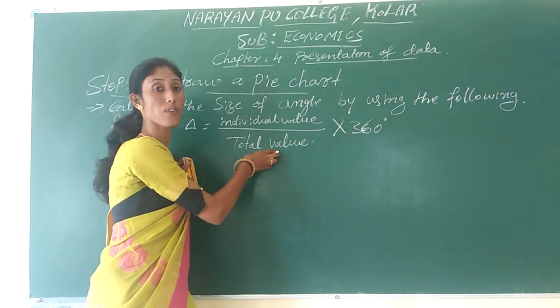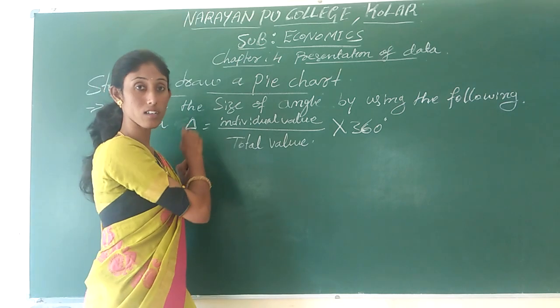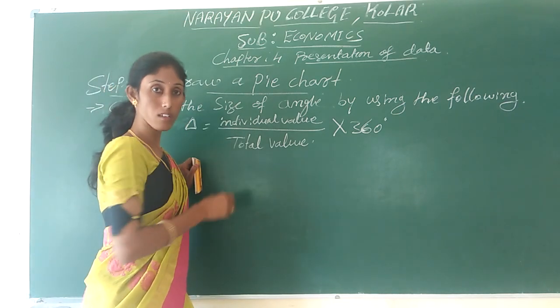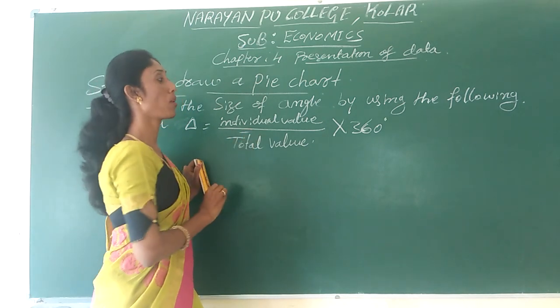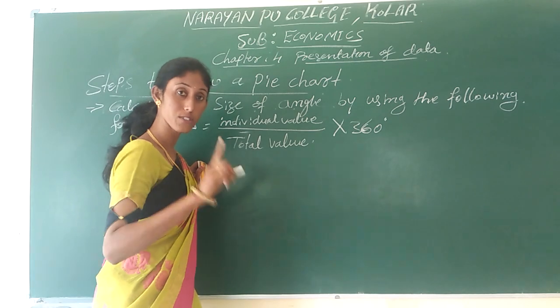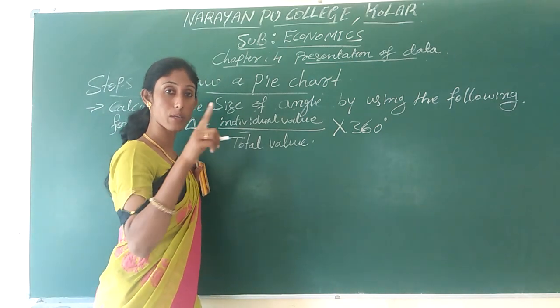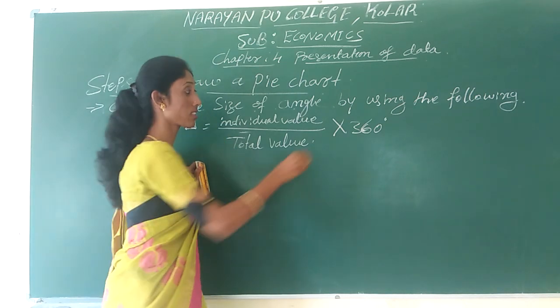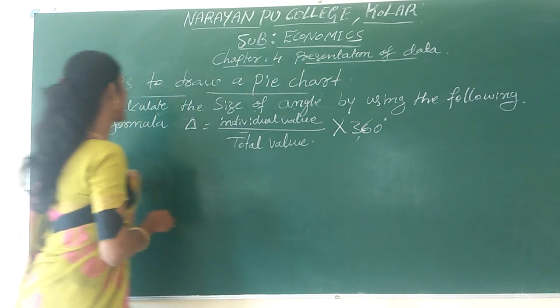If we apply this formula, we will get the size of the angle or shape of a component. Got it? By using this particular formula, we need to find out the size of an angle. This is the first step. Okay? By using the 360 of the circle, we find out the size.